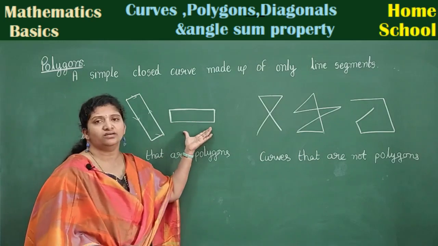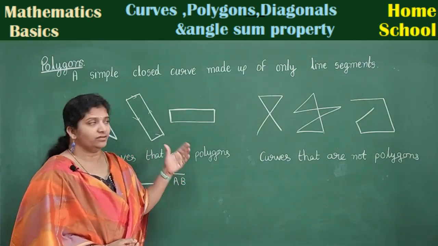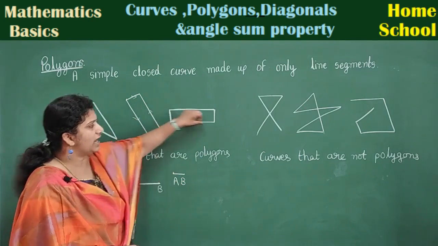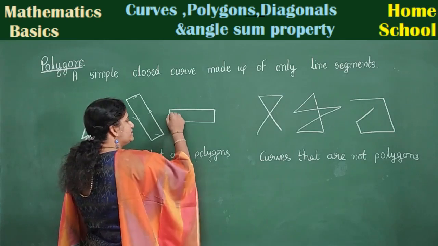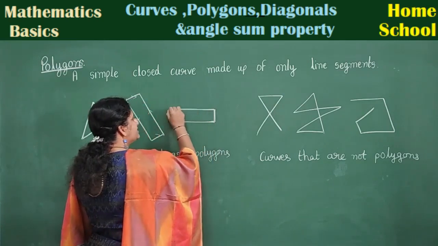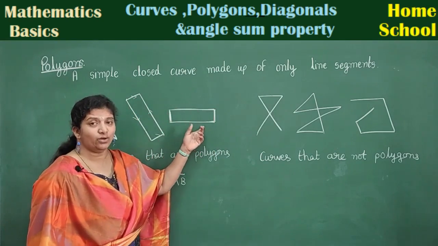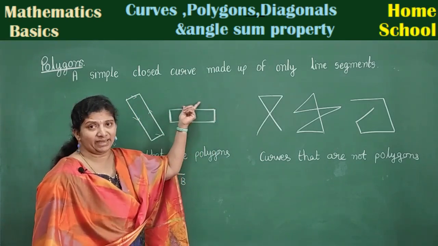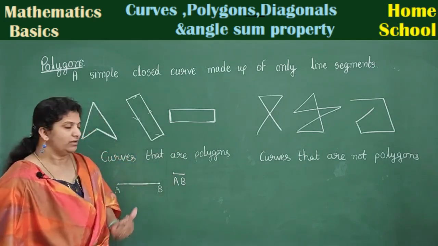You can see here, this is also a slanting rectangle, right? So from here, if you start, again it can meet at the same point. Just we draw this figure. Very simple. Simple closed curve with line segments, then we call this a polygon.